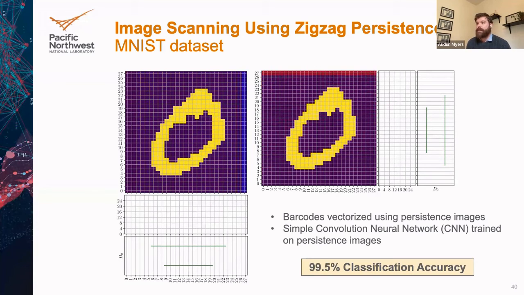So it shows the usefulness of zigzag persistence for studying images. Without using the zigzag persistence, I believe we were only getting around 96% classification accuracy, but by fusing in the zigzag scanning, we really brought up that classification accuracy.